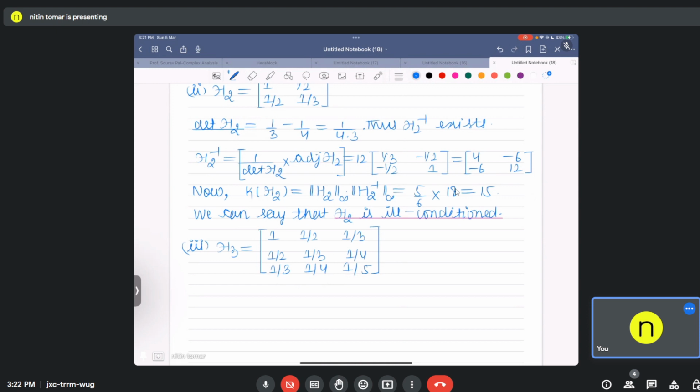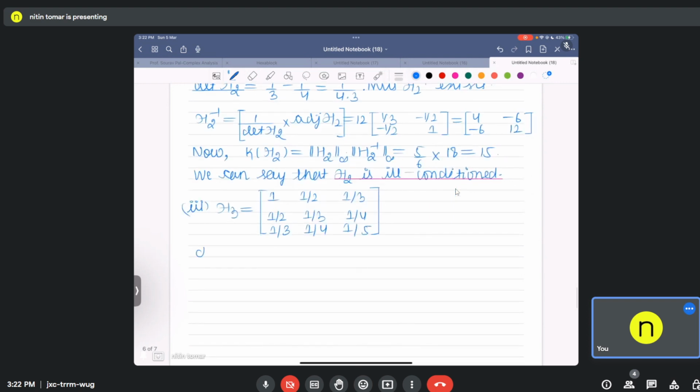Now is it invertible? We need to check. Is it invertible? You have to check the determinant, right? So the determinant will be 1 by 15.